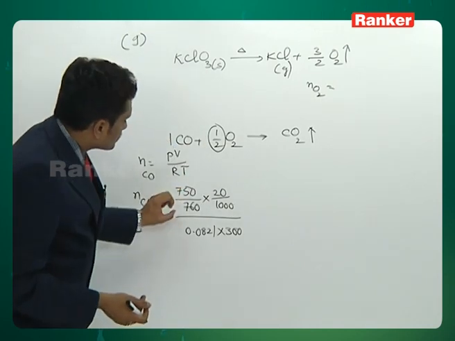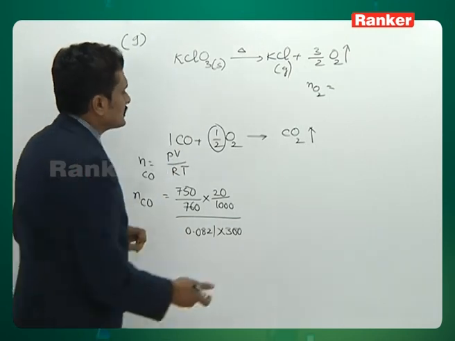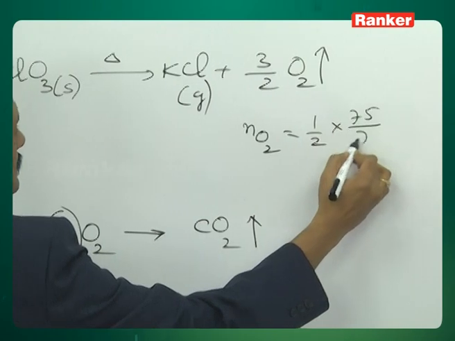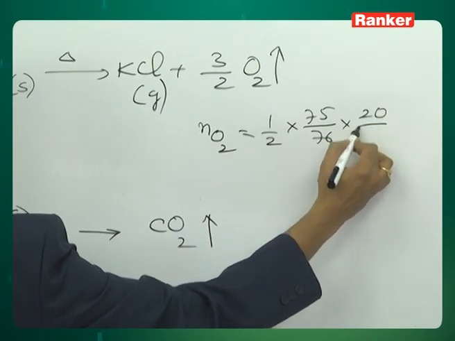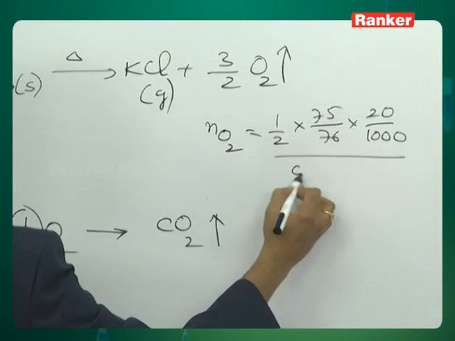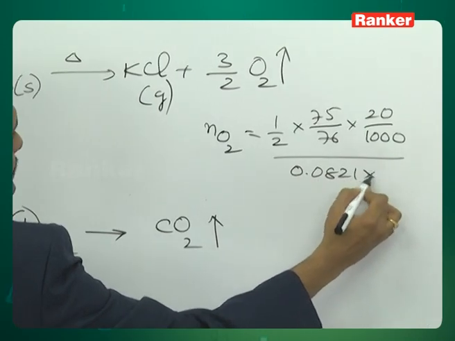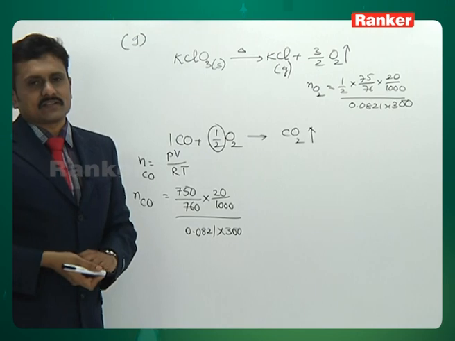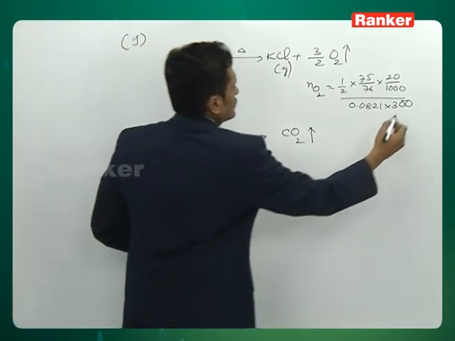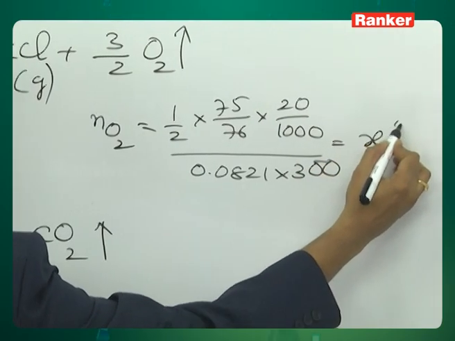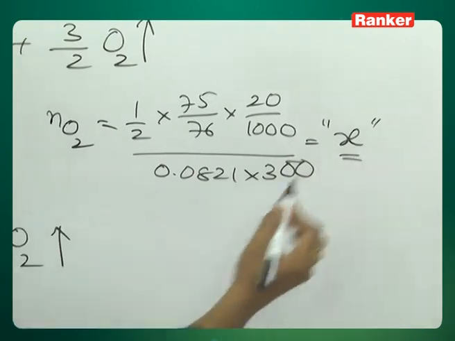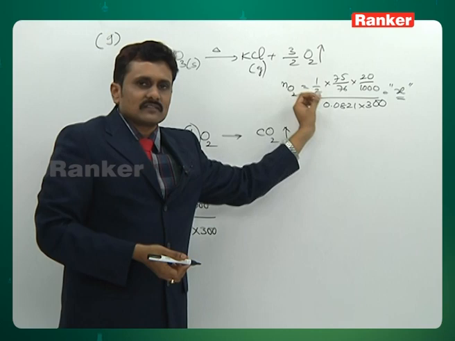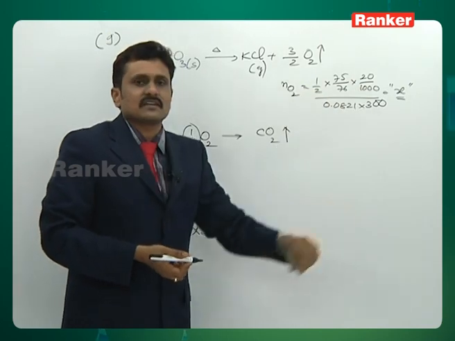Then for this many moles, I can expect half of this entire thing, I mean 1/2 times of this, to be the number of moles of oxygen obtained. Before I simplify this, I will assume this whole value as x. You calculate and get the value of x. I am assuming it presently as x.